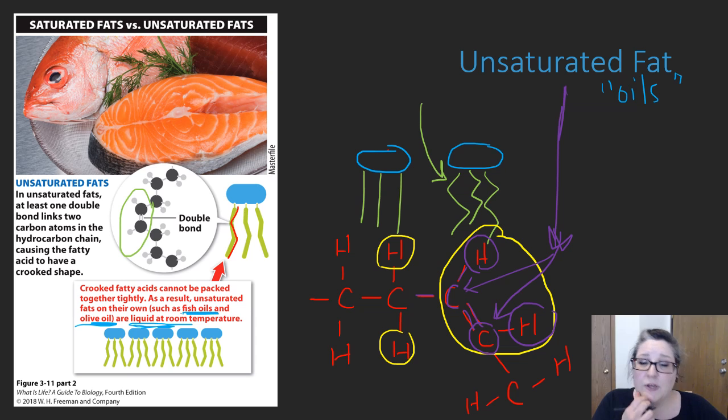So olive oil, canola oil, fish oil, any other type is going to be an unsaturated fat. Now these we do actually need for our health in some capacity, not a ton, but some. So we can also find these things in things like avocados and peanuts and fish.